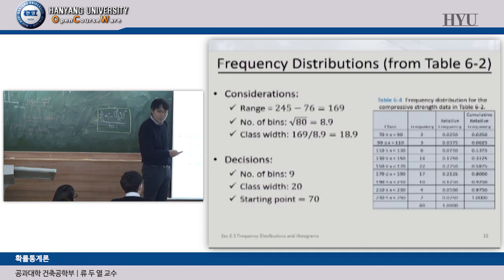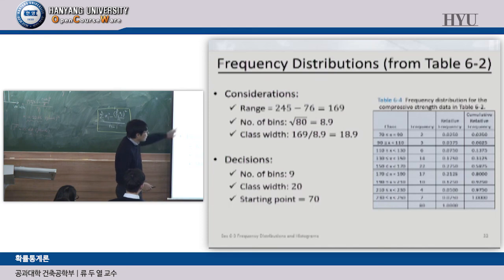The second class is between 90 and 110, and the last one is between 230 and 250. Based on this, we can fabricate this first column.